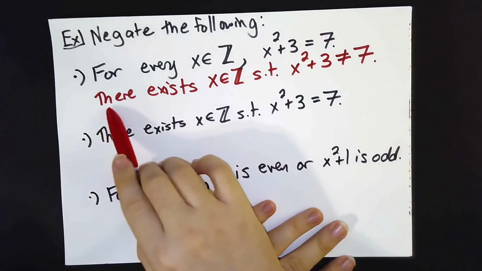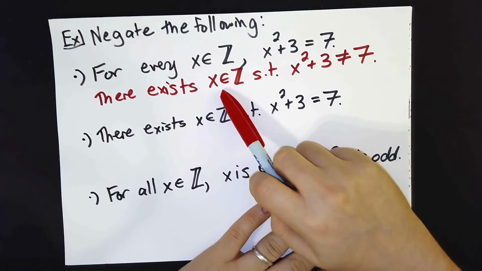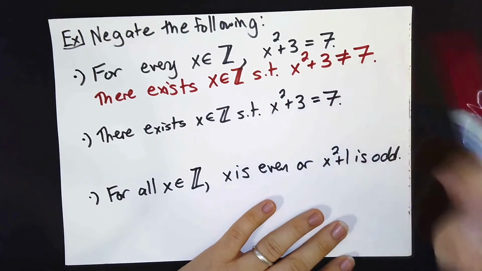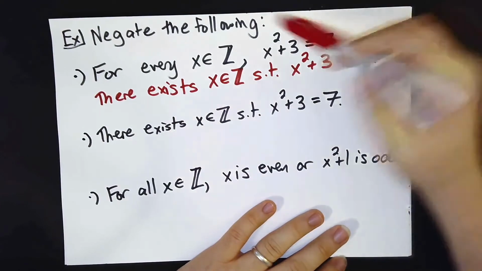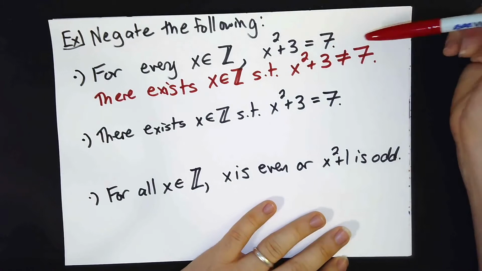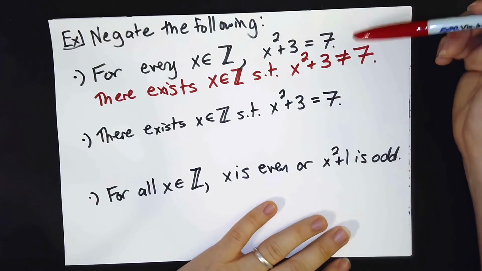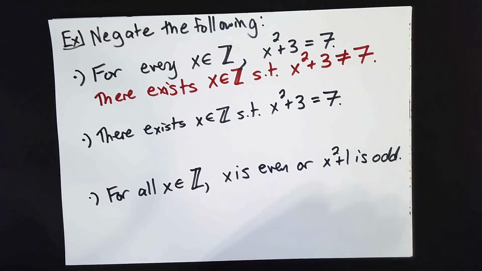Well, definitely the negation. There is definitely an x, for example 0, such that x squared plus 3 is not 7. Whereas it's definitely not true that every integer has the property that if you square it and add 3, you get 7. I guess it would make math much simpler if that were true, but sadly, it is not.